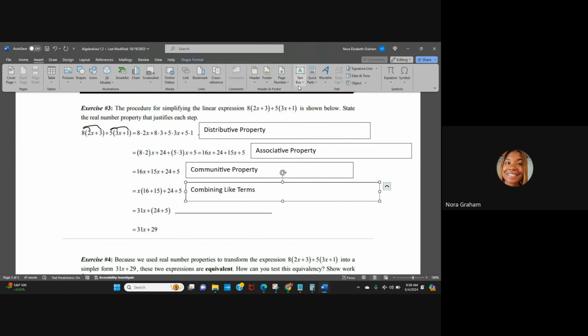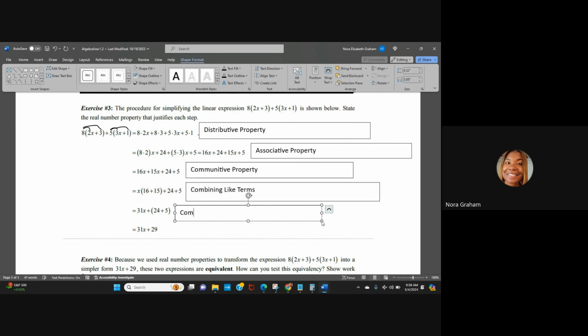We're combining our like terms. Okay. And then we arrive at our answer right here, 31x plus 29. We cannot combine these because 31x and 29 are not the same terms. 31 is being multiplied by a variable x. Okay, so that's where we stop.